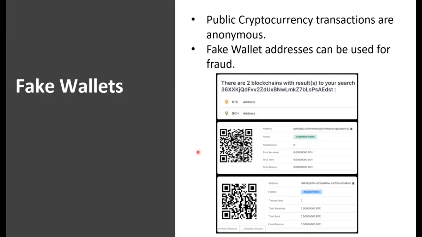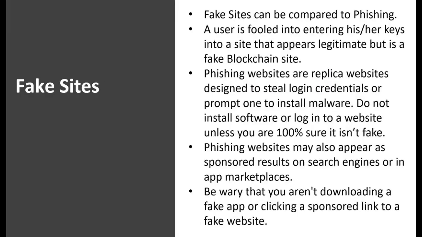So if funds or cryptocurrency is sent to a fake wallet or an incorrect wallet, again, it is permanent, and that cryptocurrency is lost. So always know and always be careful about the other actor in the transaction, and always be aware of the possibility of fraud.